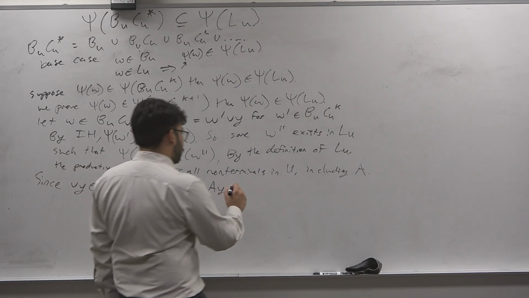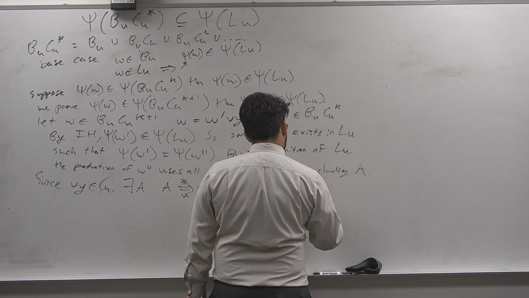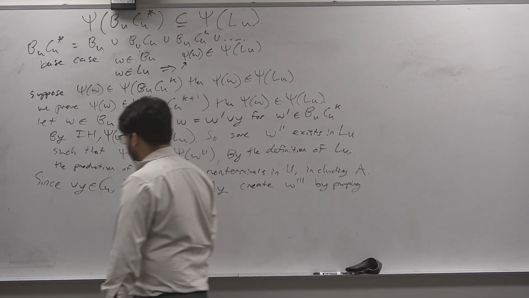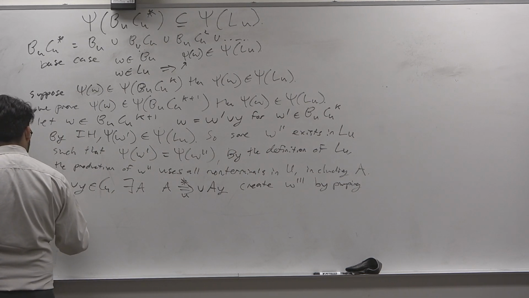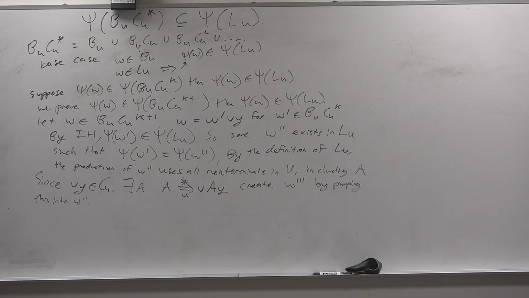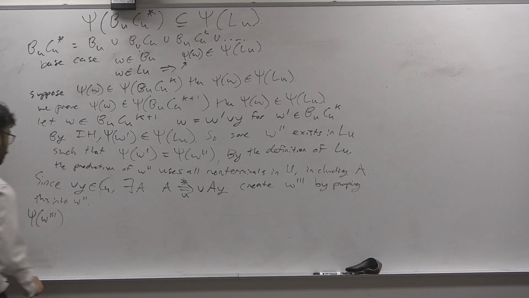So create W triple prime by pumping this into W double prime. What is that going to give us now? What is the frequency of W triple prime? W triple prime is created from W double prime by pumping the VAy into W double prime, right?